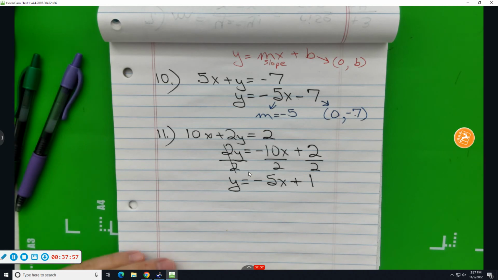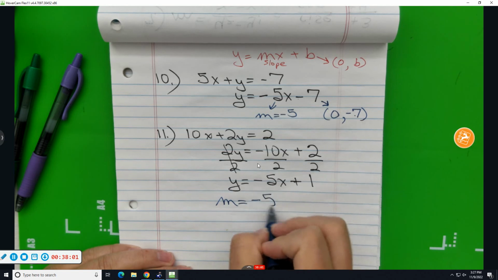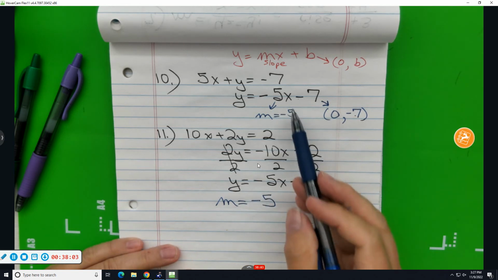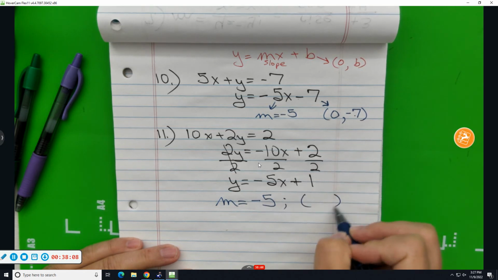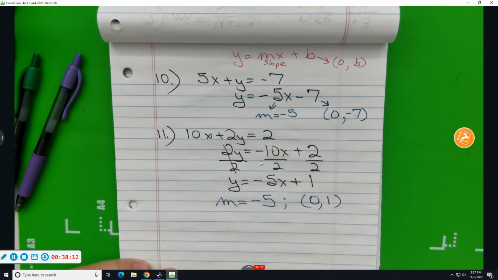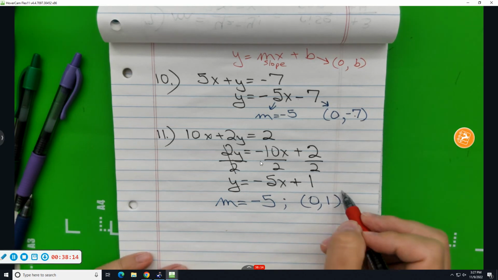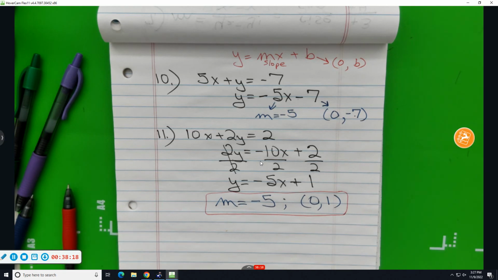So what's my slope? Looks like it's another negative 5. That's just a coincidence that the slope on number 10 was negative 5 also. What's my y-intercept? 0, positive 1. I agree. So, any questions there before I type it in?